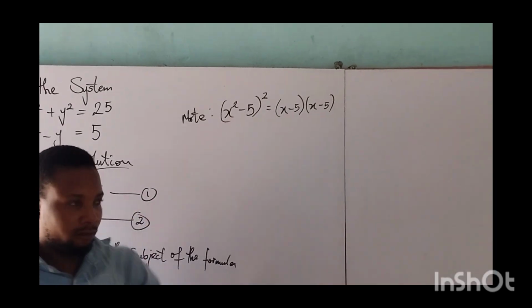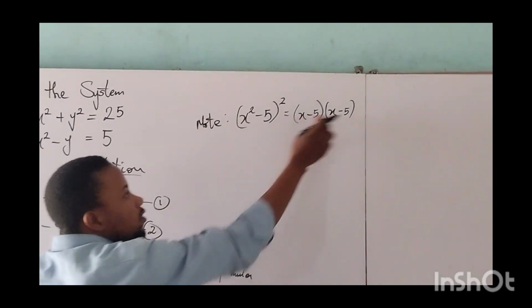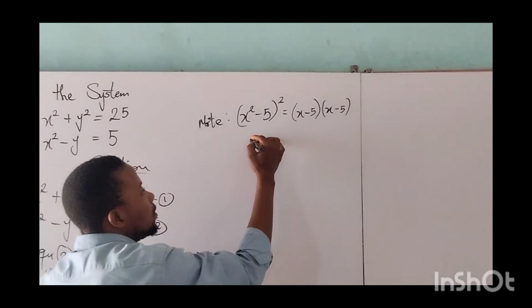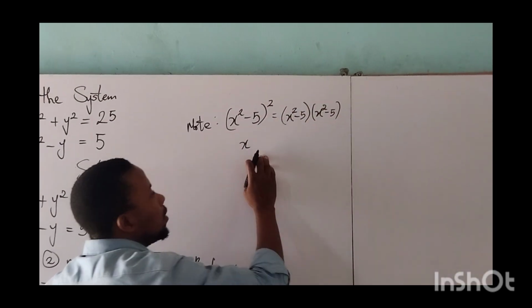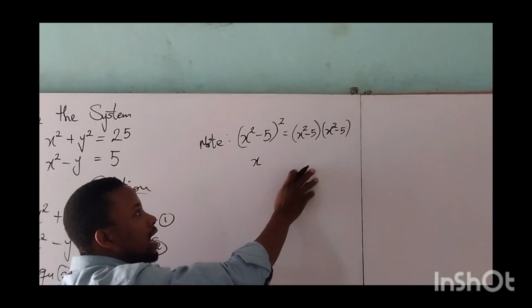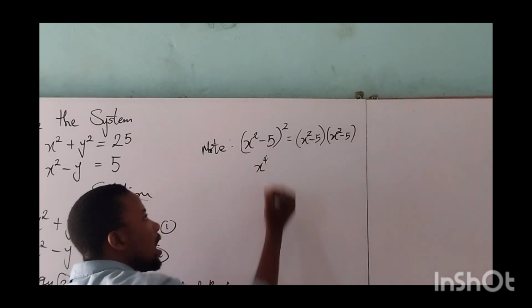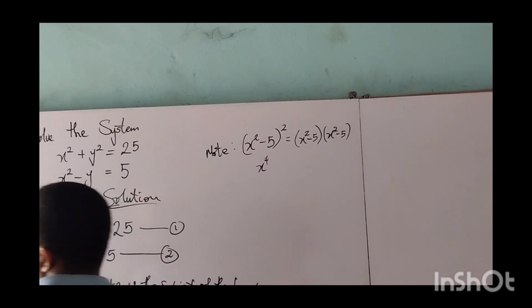This is the meaning of this. So we can just open this bracket. x squared times x squared will give us x to the power 4.